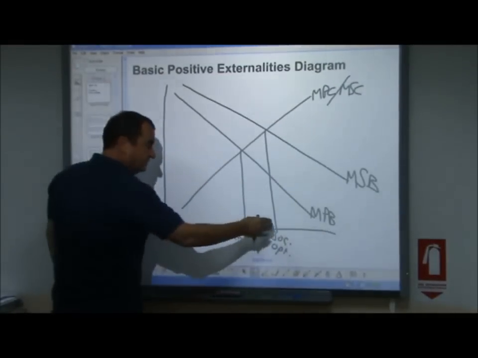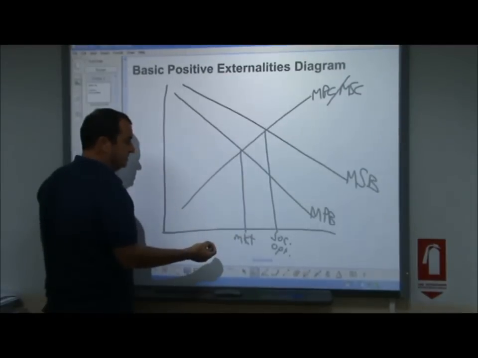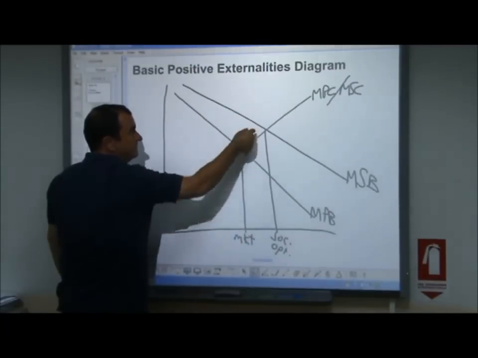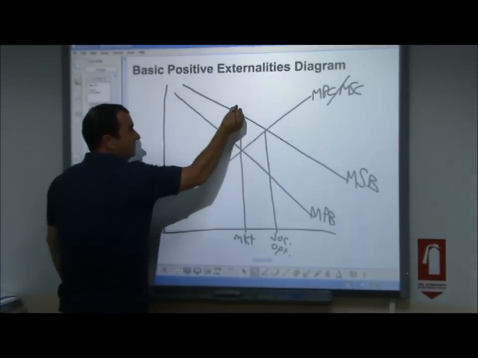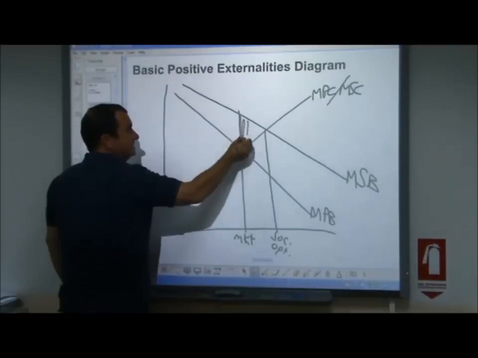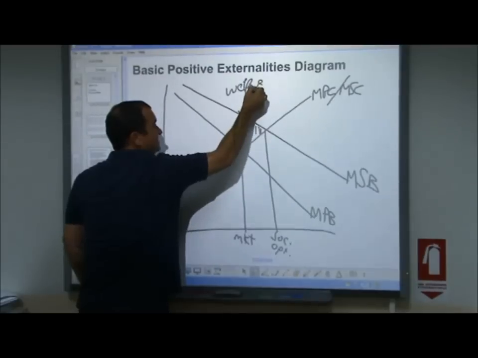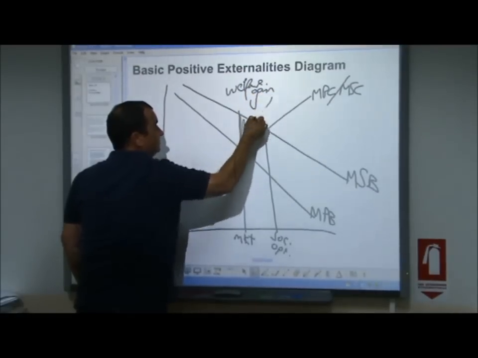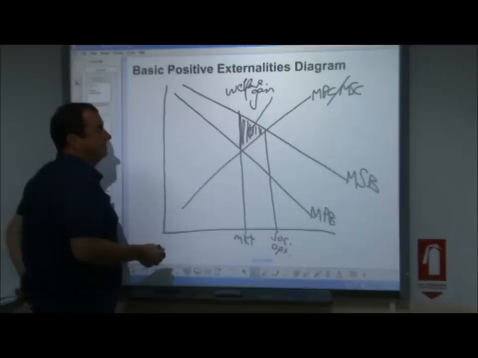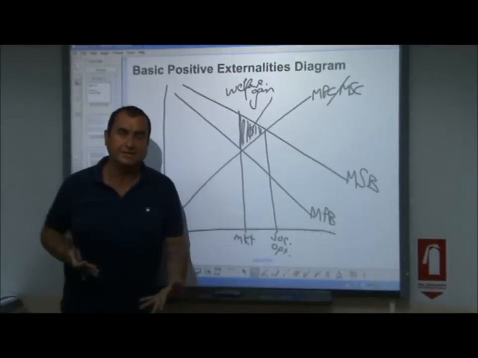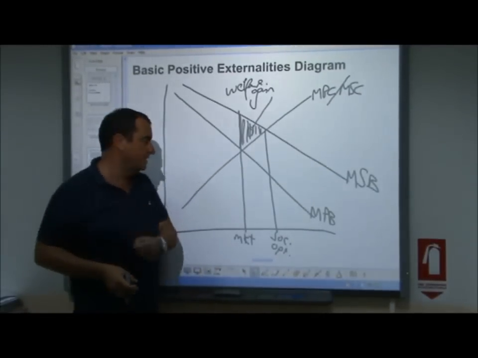In fact, all of these units that should be produced but are not being produced if we leave it to the market would give more benefit than cost. Consequently, this area here is the welfare gain that would be enjoyed if the market was corrected. It's a possible extra gain that can be had if the market is corrected.